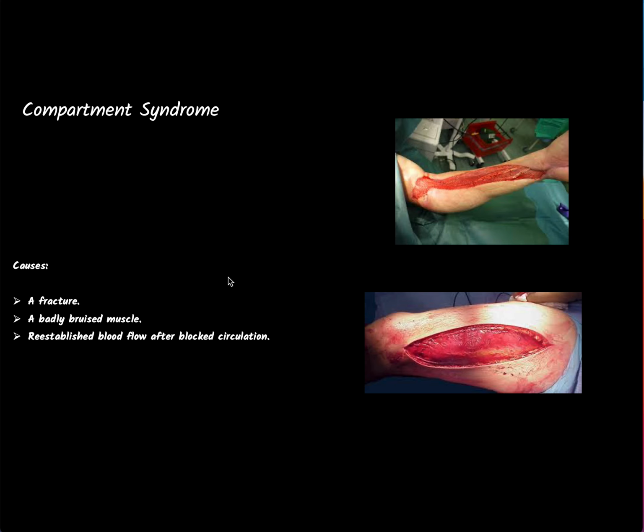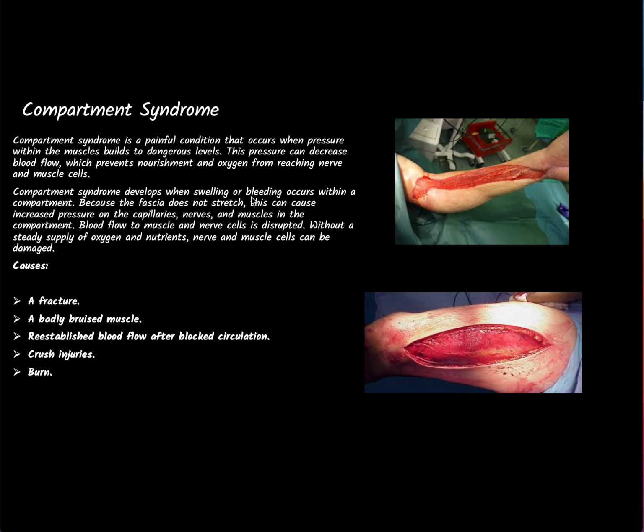A badly bruised muscle, and then after a crushing injury or burn injury. So these are all conditions that may predispose, not necessarily always, but they can be leading towards compartment syndrome.